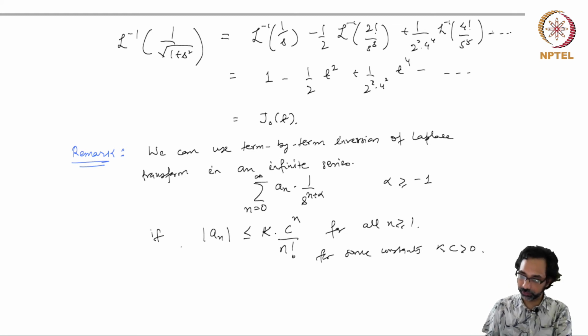So if this condition is satisfied, then one can use term by term inversion, and you can get immediately the inverse Laplace transform of these 1 over s to the power n plus alpha, and the answer is simply powers of t that will come here instead of 1 over s to the power n plus alpha.